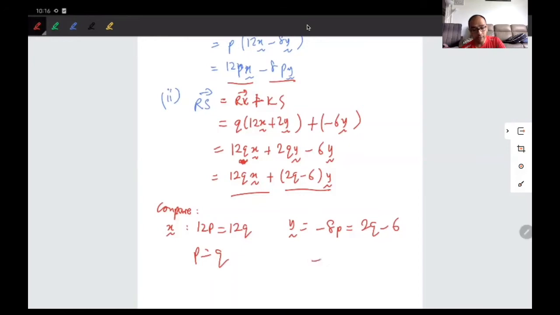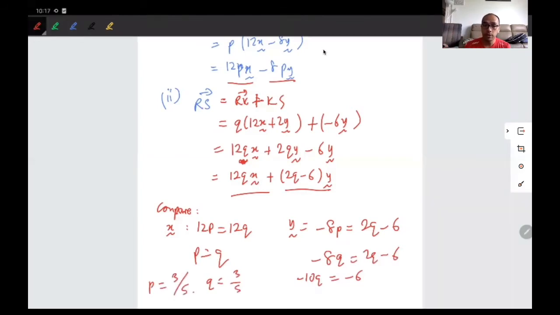So you get negative 8q, because p equals to q. So negative 8q equals to 2q minus 6. I bring the q across, I get negative 10q equals to negative 6. So q equals to 3 over 5, which means that p is also equals to 3 over 5.